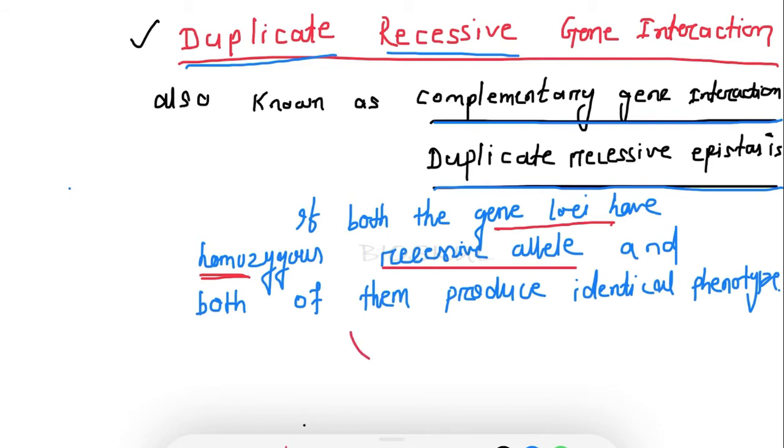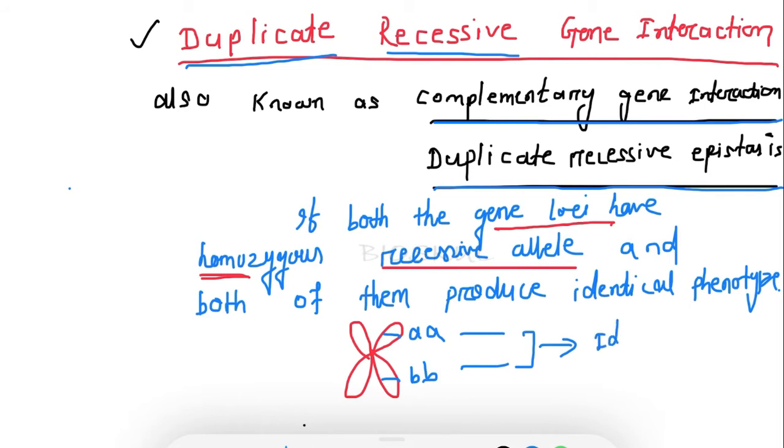Let's say this is a chromosome, and this is one locus and this is another locus. Both gene loci have homozygous recessive alleles. This is the homozygous recessive allele of one gene and this is the homozygous recessive allele of the other gene, and both of them produce an identical phenotype.